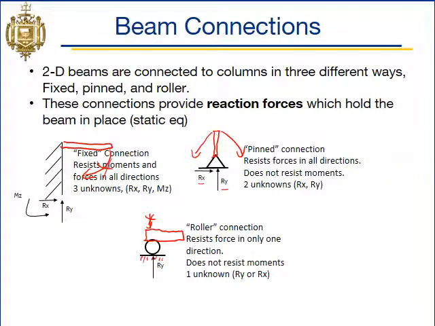But if we pushed on it that way, the beam would roll. And also, if there was nothing over here on this end, then this beam could also just rotate freely that way. So a roller only resists one force, and typically that's going to be a y direction force.